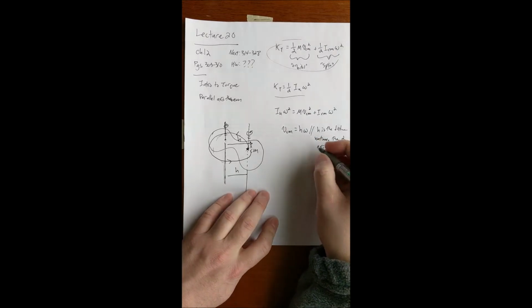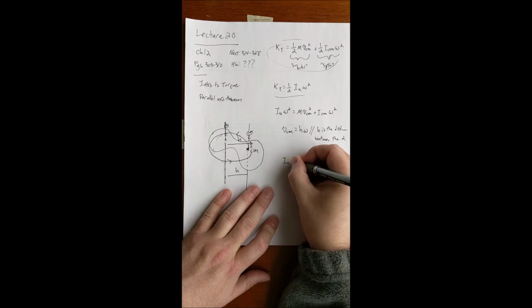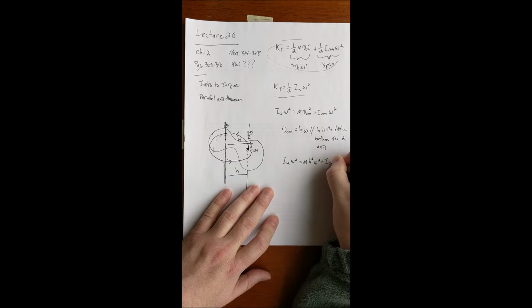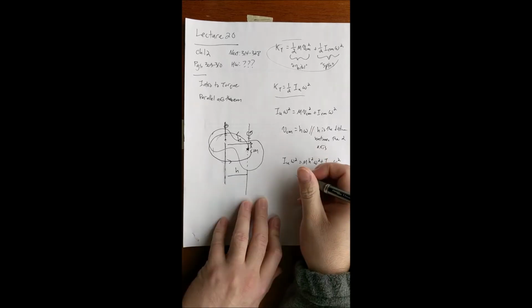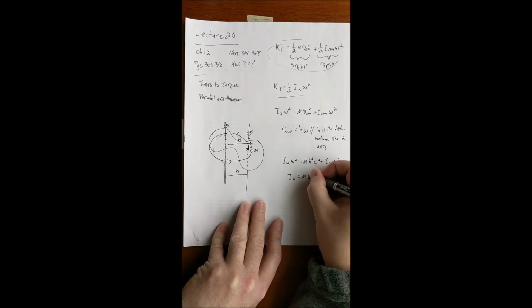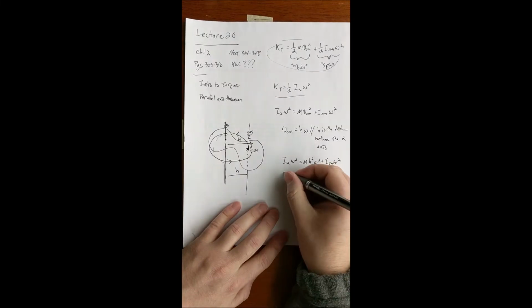So then we can just plug this into the equation up here, and we get I_u omega squared equals total mass M h squared omega squared plus I_CM omega squared, and I_u is equal to M h squared plus I_CM. So this is the parallel axis theorem.